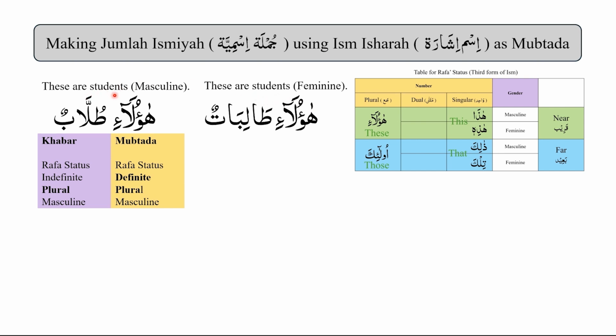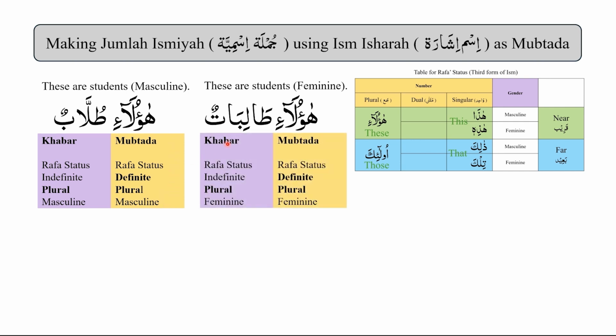These are students that are masculine in gender. These are students that are feminine in gender. Over here, هؤلاء is used in the masculine sense, and over here, هؤلاء is used in the feminine sense.